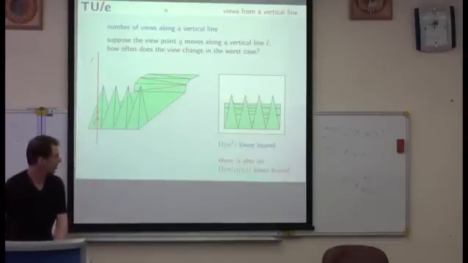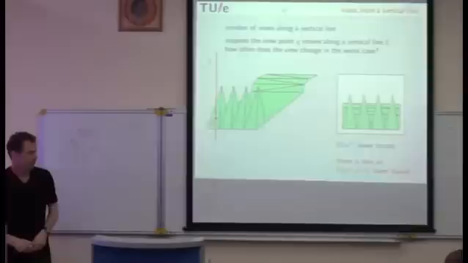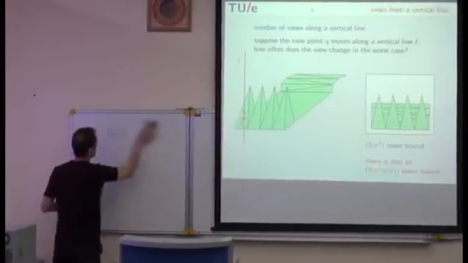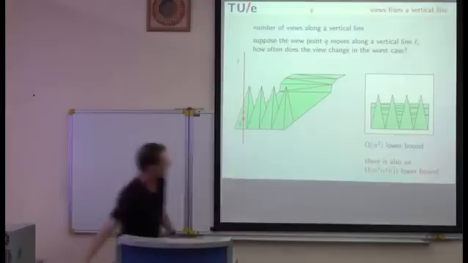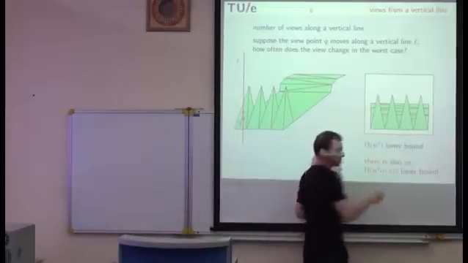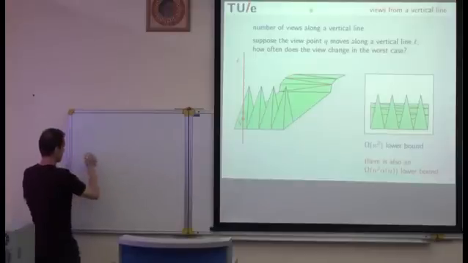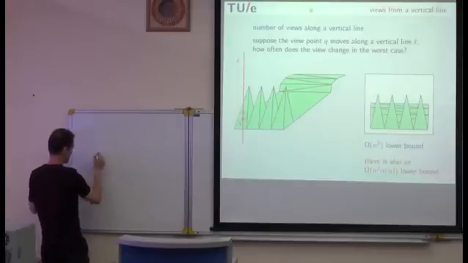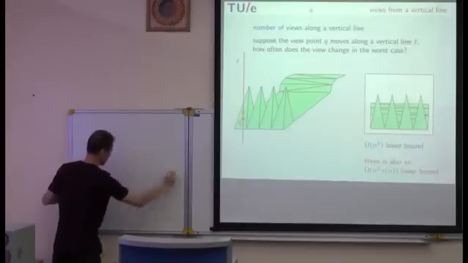If you think about it, you can even have n squared alpha n changes in the view. So it's basically the same example, except this part in the front, instead of having separate peaks, what you can also have is that in the front you see, okay, this is a triangle, but there's something else maybe here in front and here and here.